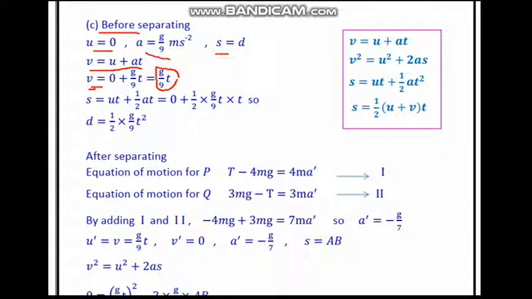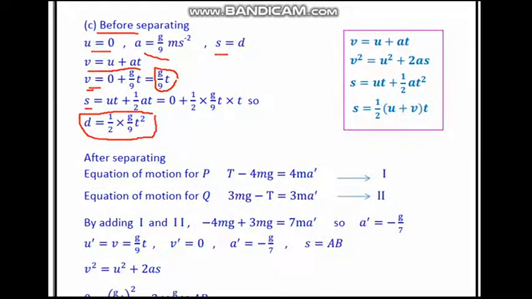Take care, please. Then using the equation s equals ut plus half at squared, and replacing s with d, as you know, d will be half times g over 9 times t squared. I leave it in this form to make the second part easier, as you will see.